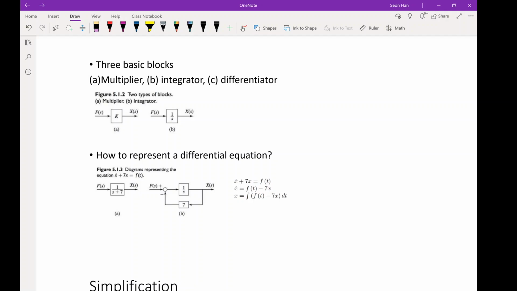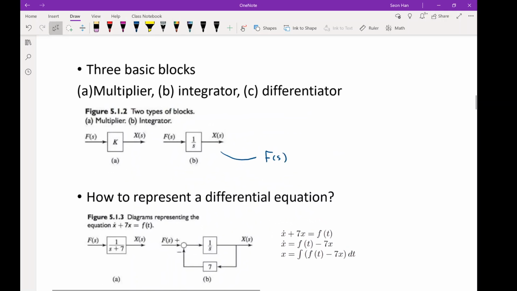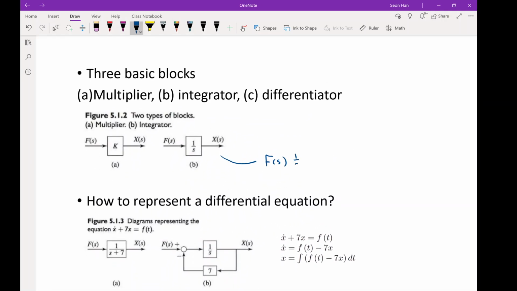If I rewrite this algebraically, you have f of s times 1 over s equals x of s. What are you doing to f of s to get x of s? When you multiply by s on both sides, you have s times x of s, and then take an inverse Laplace transform.